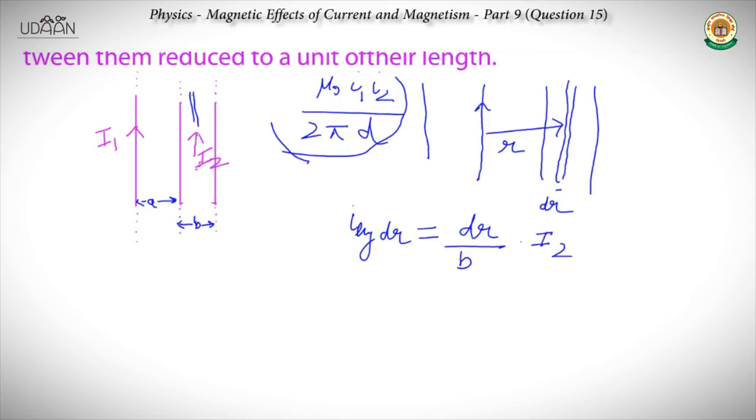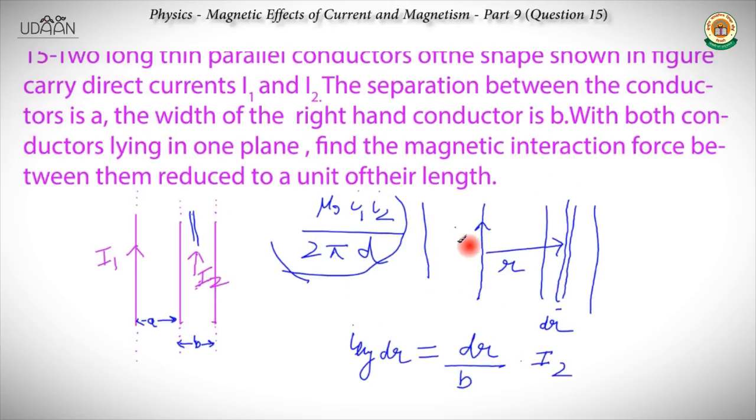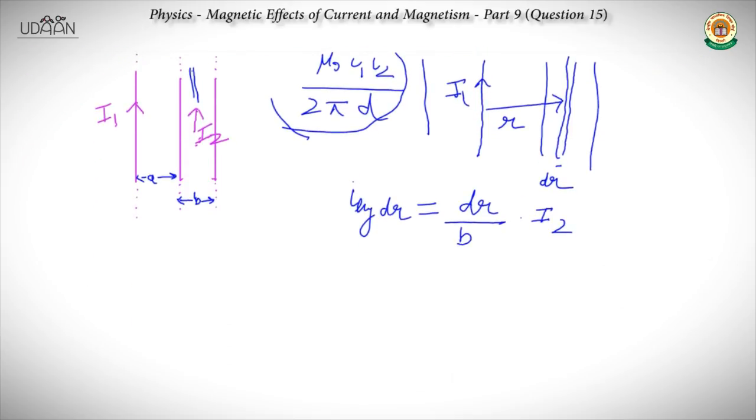This is just by the unitary method, because b length carries a current I2. So one unit carries I2 by b, and so dr will carry dr into I2 by b. This was I1. Okay, so this is the current.